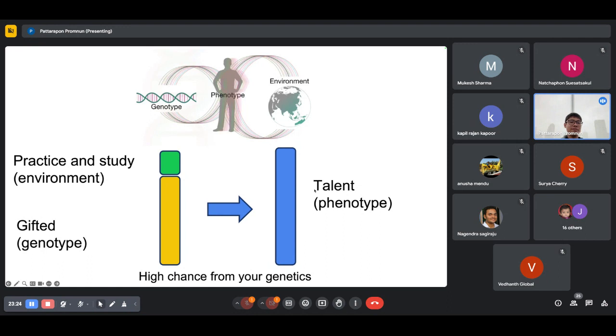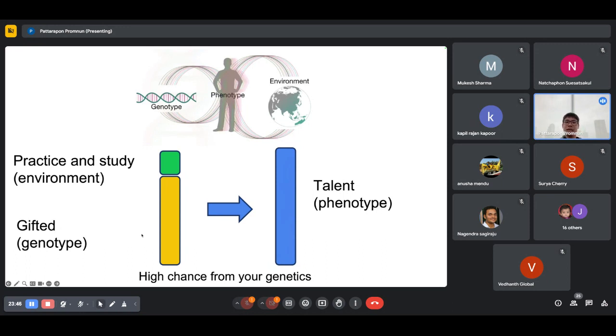Let's say you have 100% of ability, let's say mathematical ability, you have a 100 score, and you get the result of gifted, the highest score of your genotype for math. So it means that you have a high chance from your genetics only.